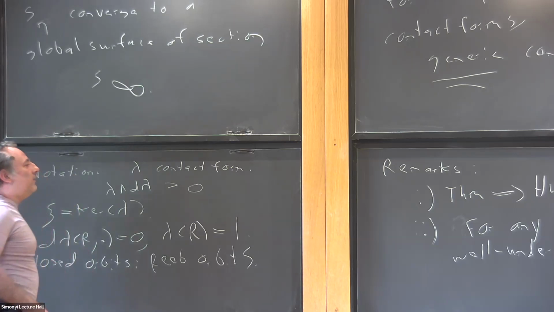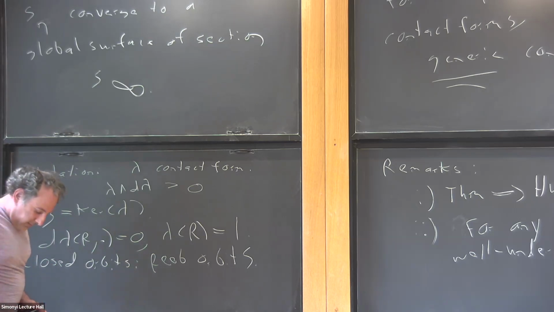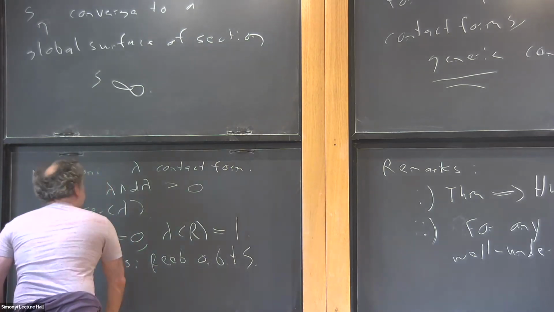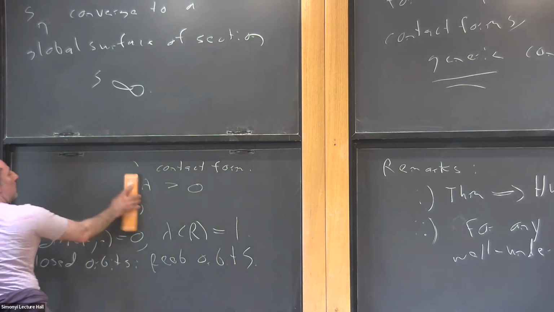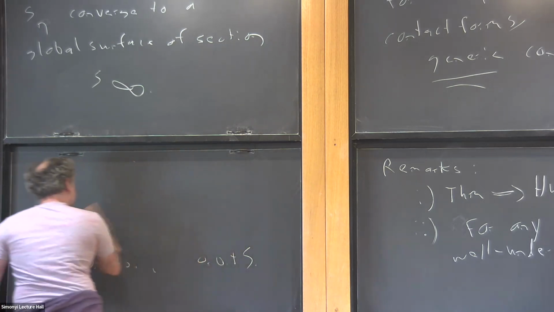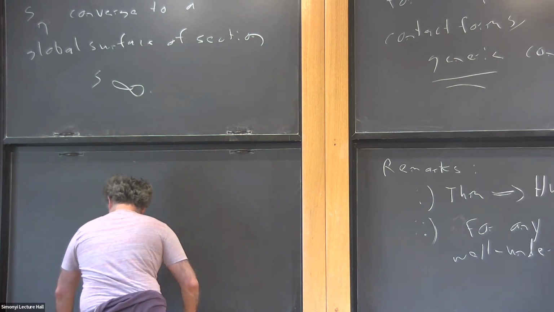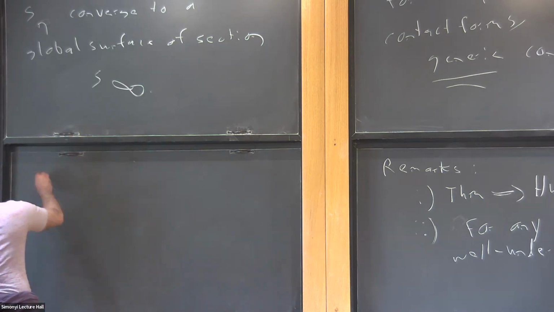Maybe so that in order for you to understand it, I should first say what a global surface of section is. Some of you are probably familiar, others probably not. So what is a global surface of section? Okay, so I'm going to draw you a picture of a global surface of section for a flow, and then I'll tell you more about it.